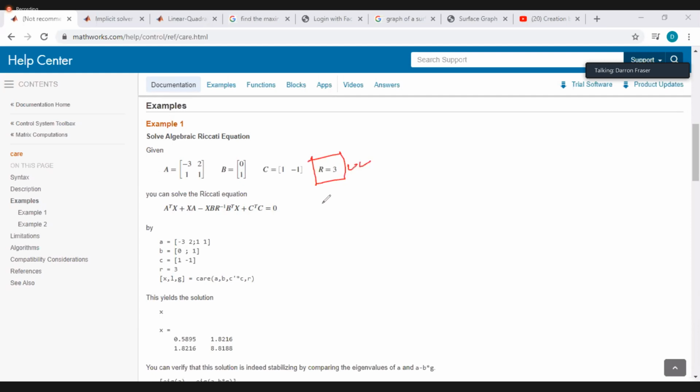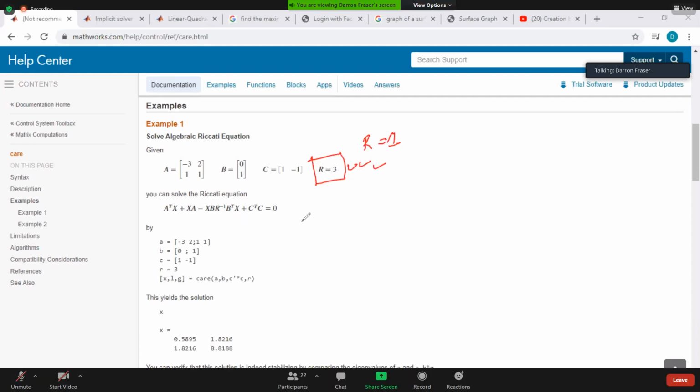I've been looking and trying to find out why they use R equal 3, because the default value of R is always 1. And I don't know why the default value of R is equal to 1. Somebody can do some research and find out. I think somebody just pulled it out of a hat somewhere.